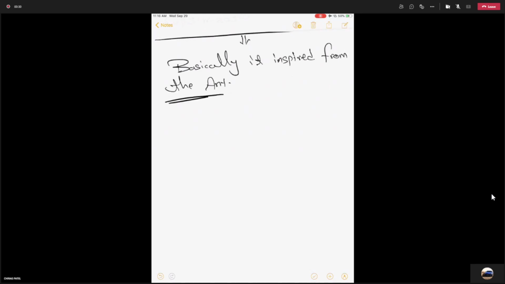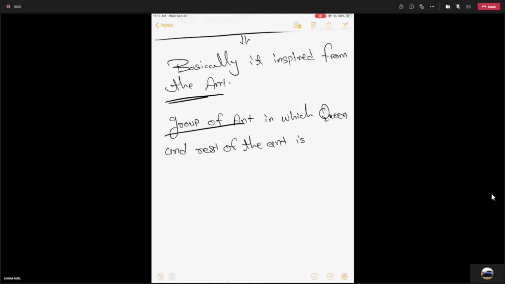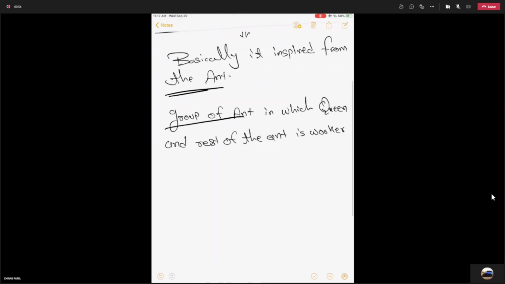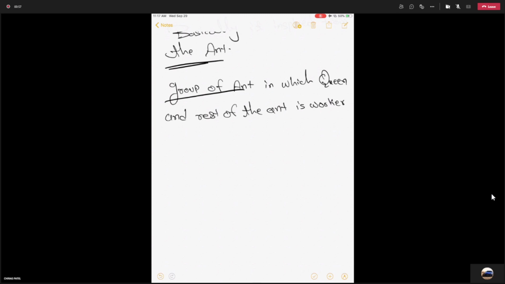And if we basically think about it, if there is a group of ants which are primitive, and the rest, the ant is a worker. The basic principle they use is cooperation. They use it for communication.